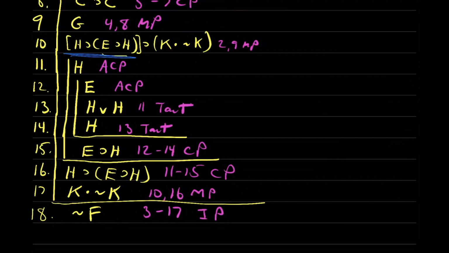H implies that E implies H. I can no longer refer to lines 11 through 15 anymore inside the proof, and so on and so forth. That's very important because, again, the things that are indented are not actually true. They might be, but we don't know for sure. They're true only if you assume that the line that starts the indented sequence is true. We don't know if they're true just from the premises themselves.